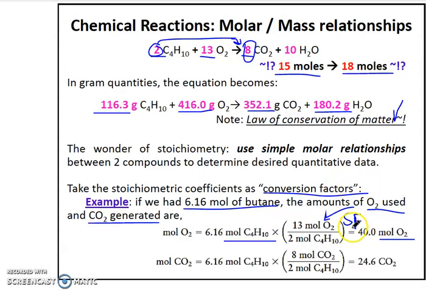So now the stoichiometric factor becomes 8 moles of CO2 with respect to 2 moles of butane. This stoichiometric factor is a conversion factor to go from the moles of one substance to the moles of a different substance. And the stoichiometric factors are different depending on which two components of the reaction we want to relate with one another.